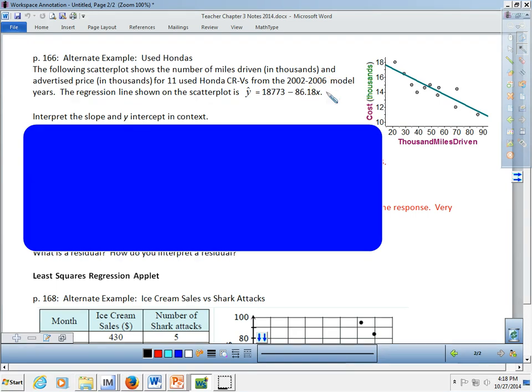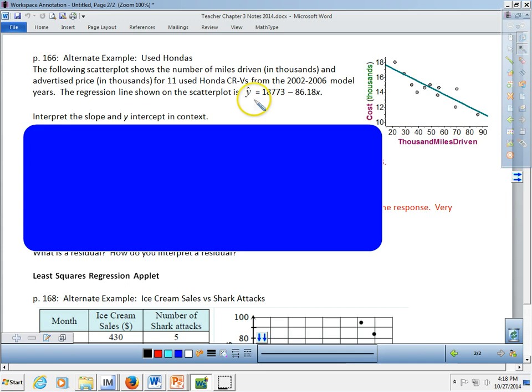What we're going to talk a lot about is how to use our calculator to do it. It'll do all the heavy lifting for us, and we're not going to have to worry about finding slope and y-intercept. Our calculator will do all of that for us. But we've got the equation already. We'll worry about getting that later. Right now, let's just talk about what the equation means.